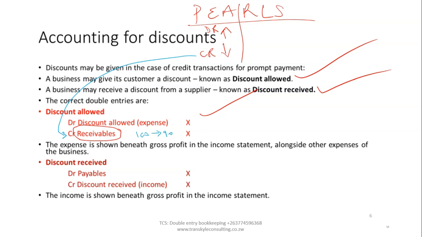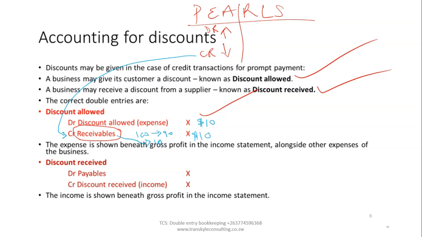So the $10 here is the crediting. We are reducing the receivables by $10. So we are crediting receivables by $10, and the discount which we have given to the customer, which is an expense to us, is $10. So debit discount allowed, which is an expense, by $10, and credit the receivables account by $10.